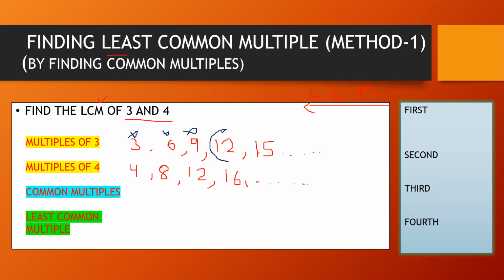So let me just circle 12 and circle 12 here. So I find that the first common multiple is 12, and there will be more definitely when you write the table. This first multiple that you find, can you see the first multiple is 12, is your least common multiple. So the very first multiple is your least common multiple.